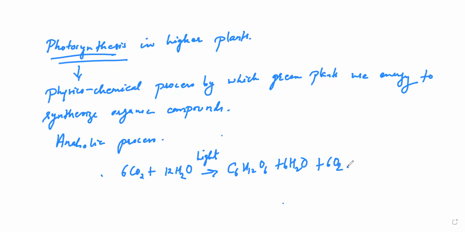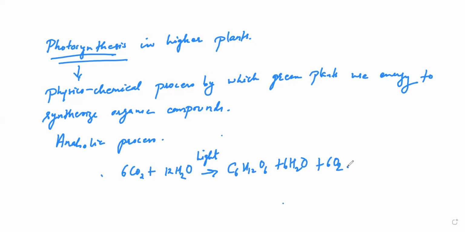So this is the basis for the life of whatever is present on the earth. Because of this process only, fresh air we can breathe, because oxygen is released in photosynthesis. So whatever carbon dioxide we exhale has been taken up by the plants, and in turn they give us what? Oxygen. So this all takes place in the green parts of the plant with the help of sunlight.